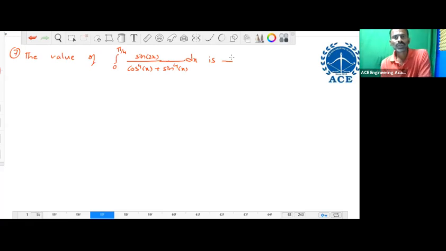The value of the integral from 0 to pi by 4 of sine 2x divided by cos power 4 plus sine power 4.